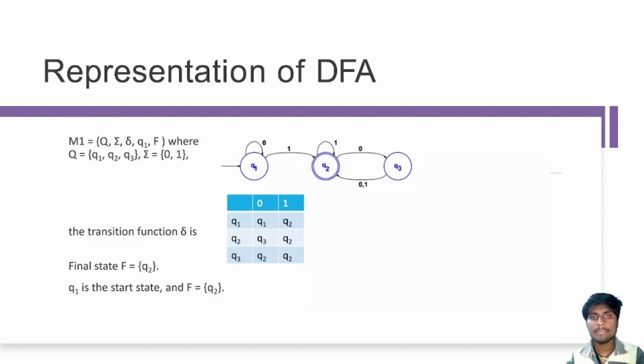Q2 transfers 0 to Q3, and Q2 transfers 1 to Q2. Q3 transfers 0 to Q2, and Q3 transfers 1 to Q2. In this example, we have the initial state Q1 and the final state Q2. Come guys, let us move into the topic in detail.